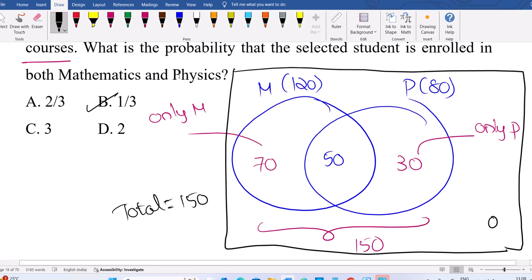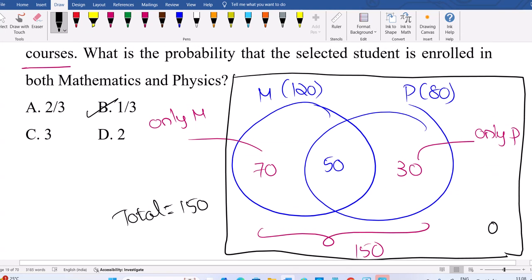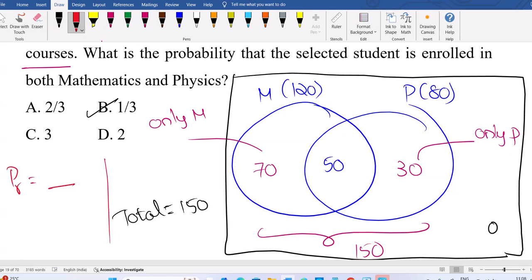Why option B, sir? What is the question? Probability. Selected student is enrolled in both maths and physics. Probability is favorable out of total. What is total students? 150. Enrolled in maths and physics is 50. That is favorable. That's 1 by 3. Favorable out of total. 3 and 2 are blunders, right?